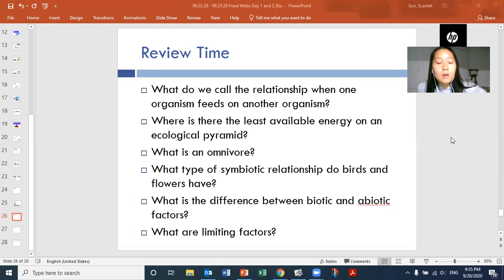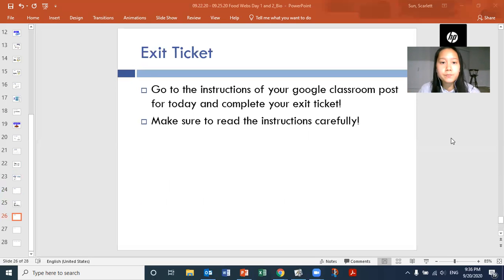Mutualism. What is the difference between biotic and abiotic factors? There's one big difference. Tell me. Right, biotic means living and abiotic means non-living. That's it. And then what are limiting factors? Give me an example of a limiting factor that causes a carrying capacity to exist. Examples are mates, water, food, shelter, all things that we consider resources in general terms.